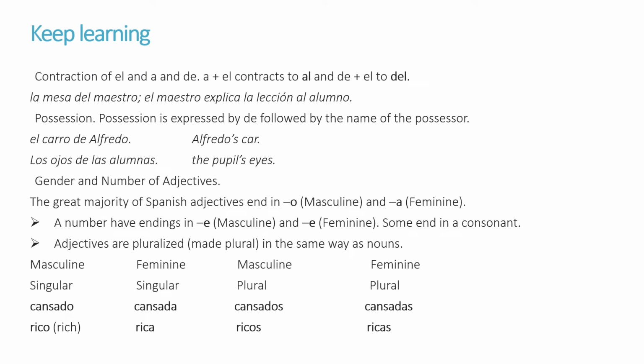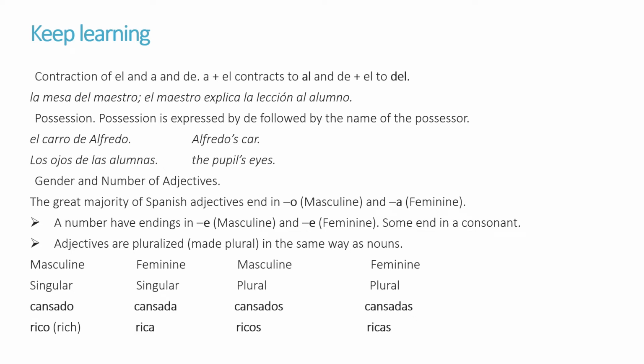Keep learning. There are two other important concepts that are fundamental to understand Spanish. One of those is the contraction of words. The contraction of the words a and el, and de and el, will give possession constructs.